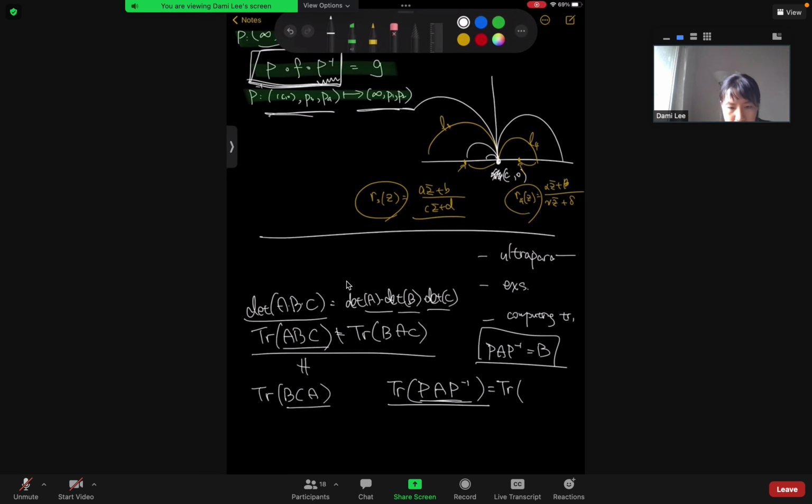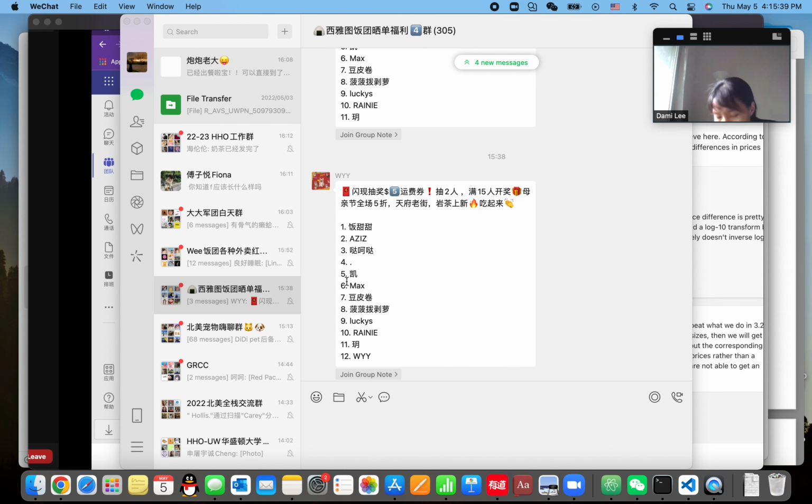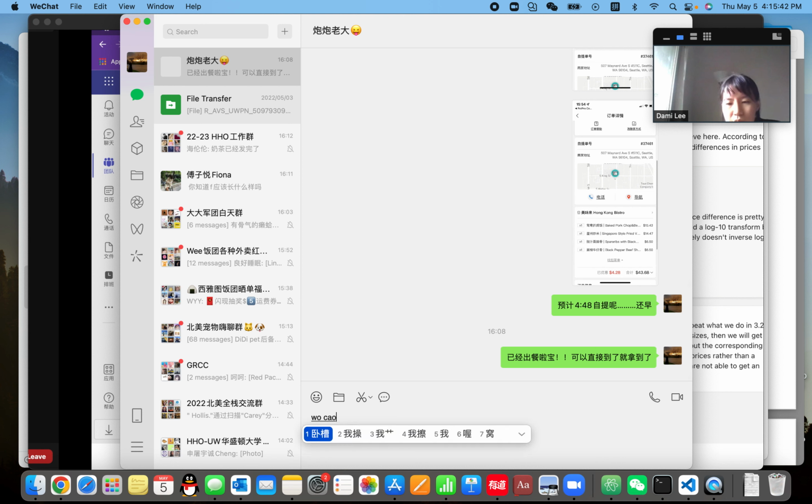So instead of starting with P, I write A first, and I get something like this. Now you can see that the product P inverse and P conveniently disappears because they are inverses of each other.